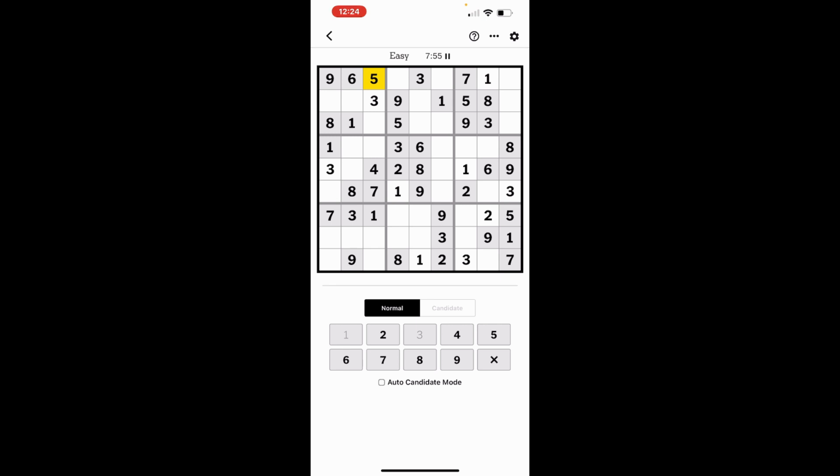So we have the 5 that's still highlighted. And there is nothing to stop us from using all the available squares on the left and the center. So not enough info.